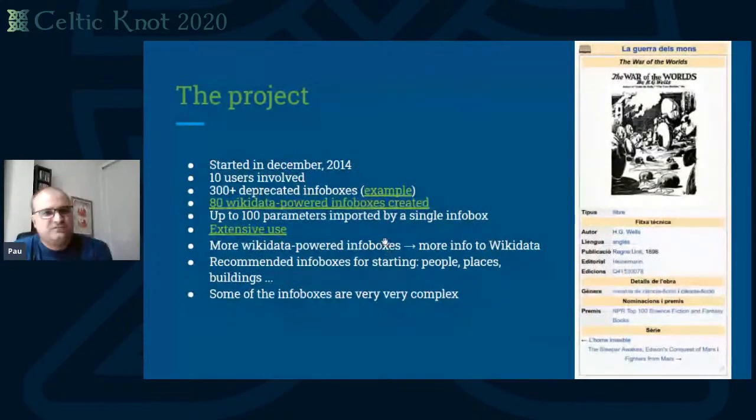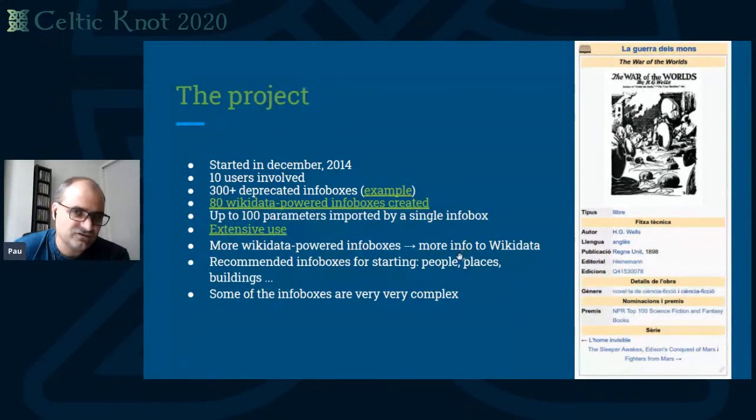We have a massive importation of parameters with a single infobox, and I think the most important point is that we make extensive use of these infoboxes. As I said before, about 82% of the Catalan Wikipedia articles have an infobox. I think it's very important to be that way, because more Wikidata-powered infoboxes means that we have more info in Wikidata.